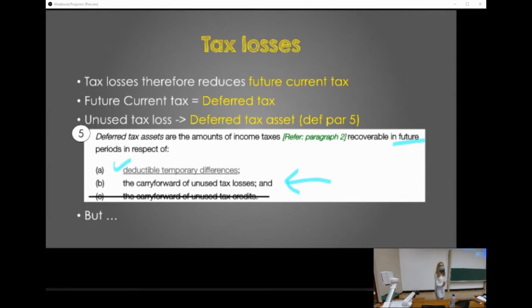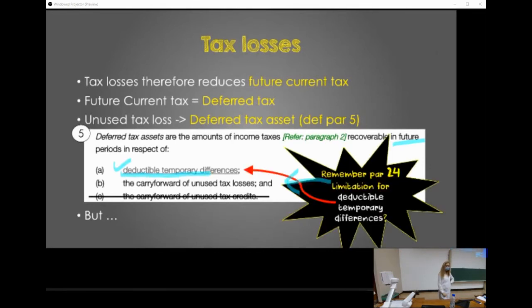But do you remember when we looked at deferred tax for deductible temporary differences that we had the paragraph 24 limitation? You remember we said the moment we want to recognize a deferred tax asset, there should be some warning bells going off, watch out. A deferred tax asset is a promise that you are going to get economic benefits in future.